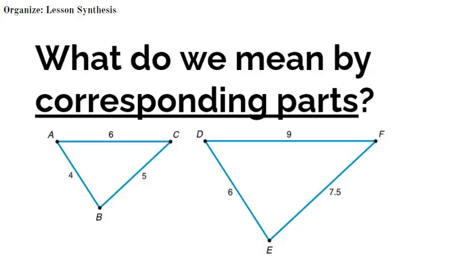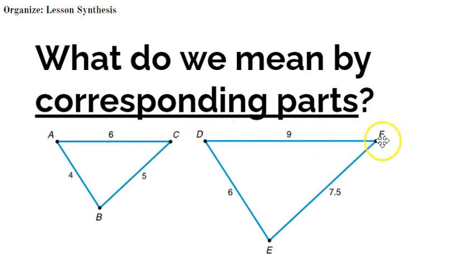So what do we mean by corresponding parts? Well, when we talk about corresponding parts, we're looking at the things that are in the same position or the same part of the shape used the same way. For example, here where we have the 6, line AC, the corresponding part for that is DF, right?